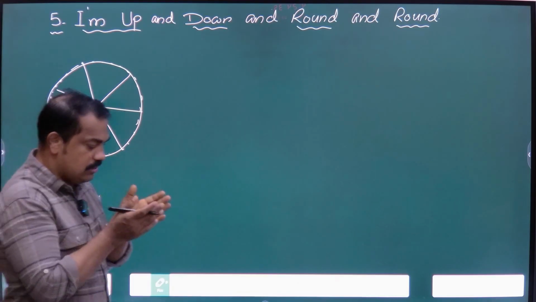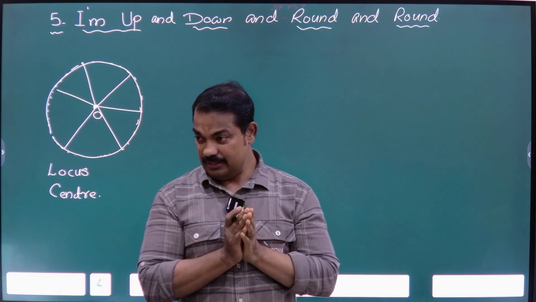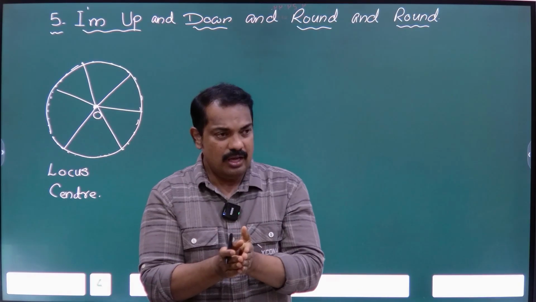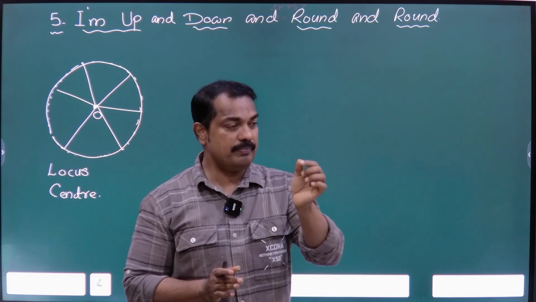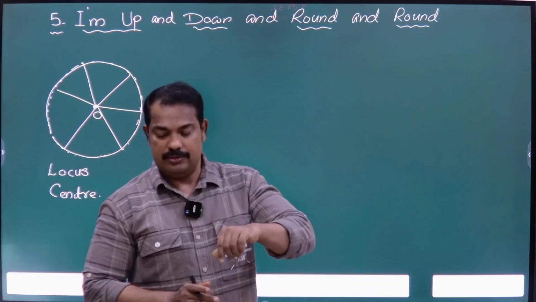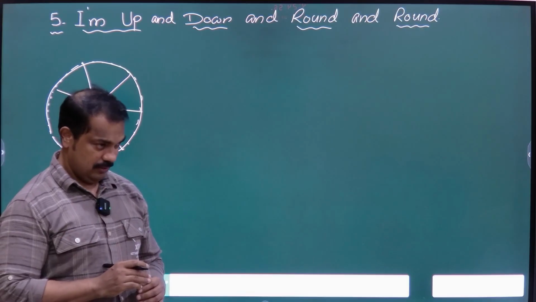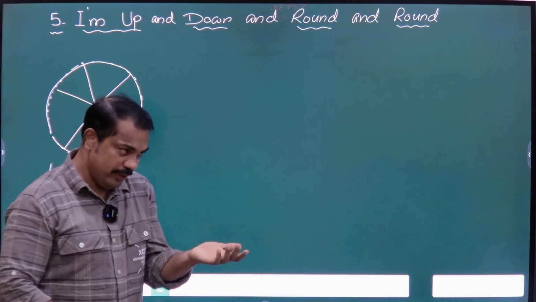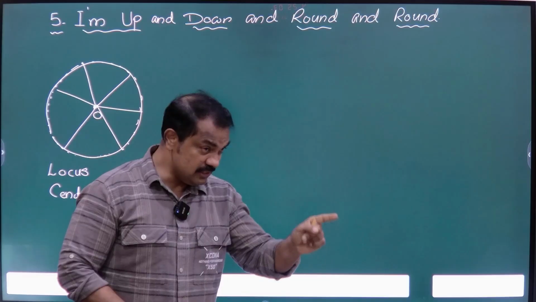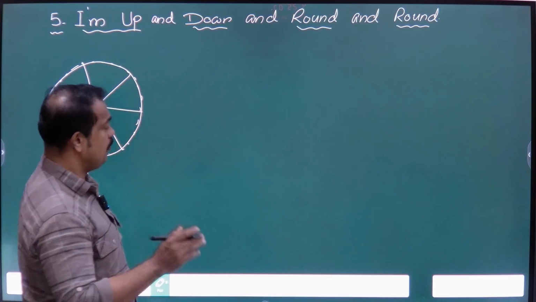So the circle is made up of a large number of points, an infinite number of points, and all these points are at equal distance from a given point. That given point is called the center.